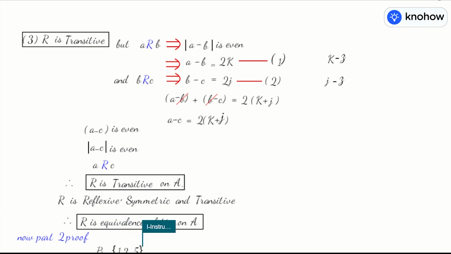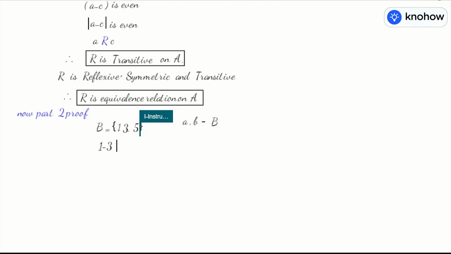It is very easy to check that. You take any two elements from this set, say B. What do you find? Modulus of 1 minus 3 is even. Clearly 3 minus 5 or 5 minus 3 is even. So we can conclude that any two elements are related.